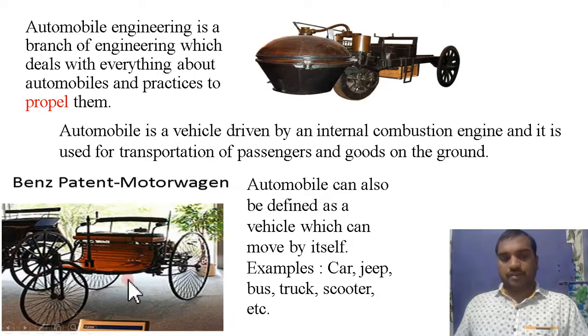It appears like a rickshaw, having three wheels. The front wheel is to steer the vehicle either left or right or straight, and the remaining two wheels get power from the engine through the chain drive. This is the vehicle manufactured by Benz. So these are the olden days automobiles.